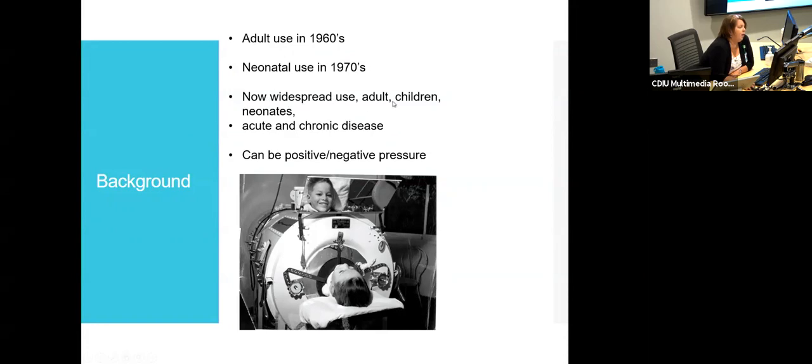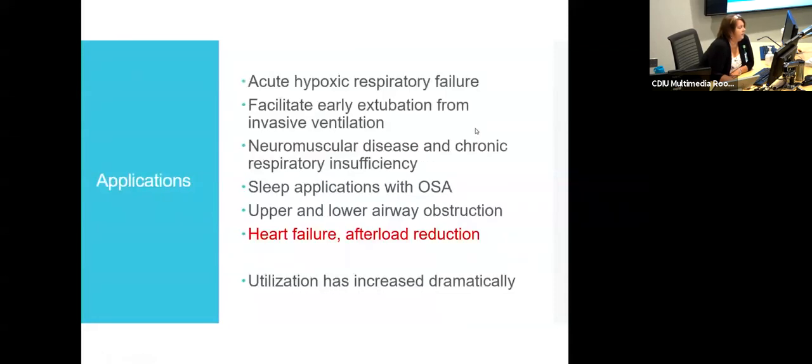But now there's widespread use in adults, children, and neonates. We apply non-invasive support to patients with both chronic and acute or acute on chronic disease processes. And we'll talk about a few of the devices and a few of the interfaces.